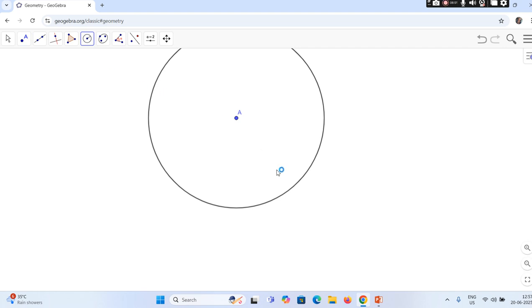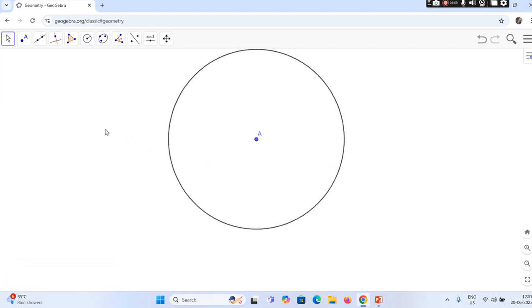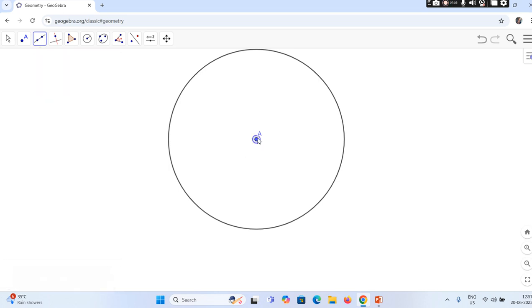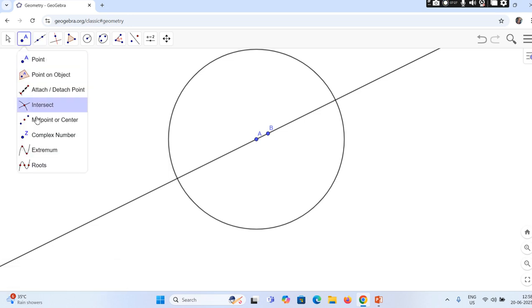Dear students, now we'll draw its diameter, because we need to have a semicircle. For this we need to draw the diameter of the circle.